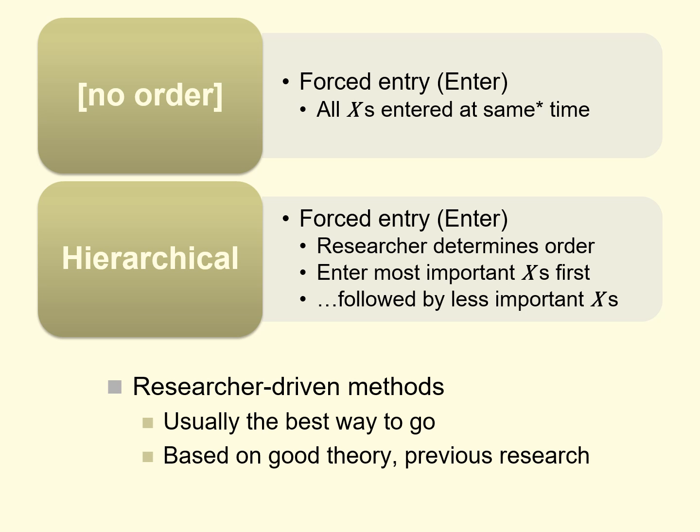So as I like to think of it, there are essentially 2 different ways to do multiple regressions in SPSS. There are the ways that are researcher driven, like forced entry or hierarchical, where you as the researcher, as the data analyst, are making the decisions.